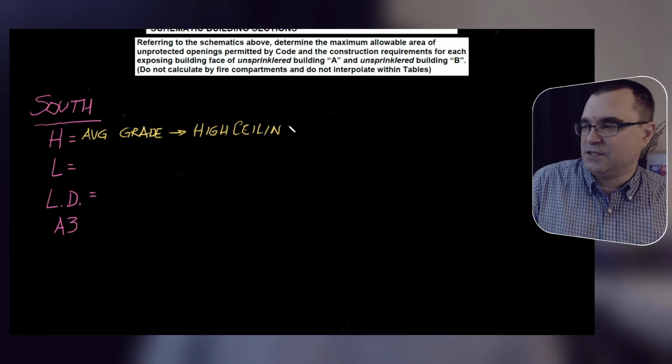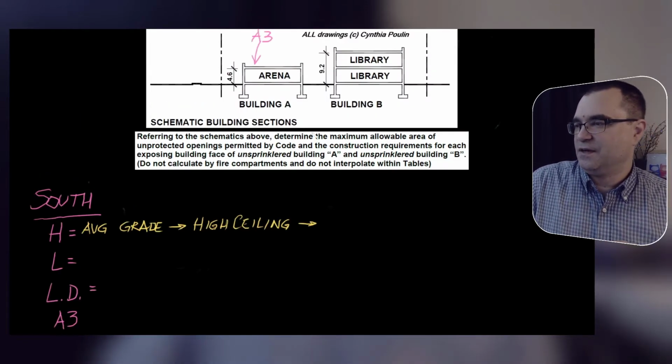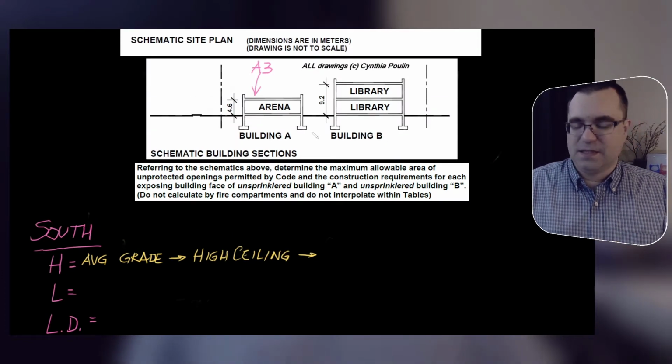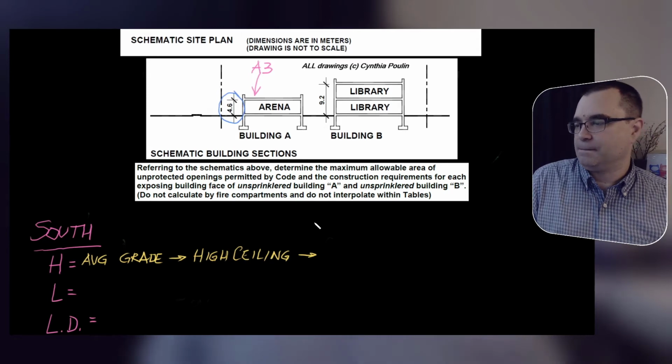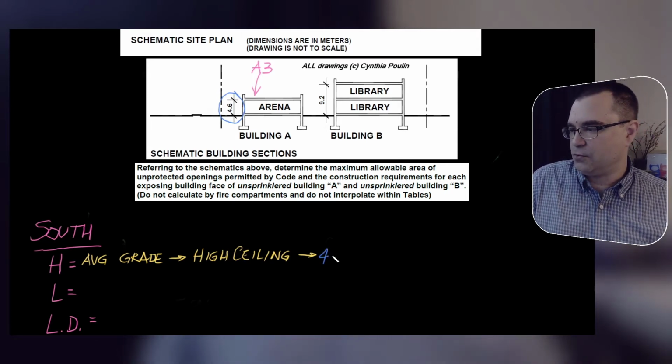Luckily, the way these drawings are set up, that's exactly the dimension that we have, which in our specific case is 4.6. Okay, that's what we're going to know here, 4.6 meters.